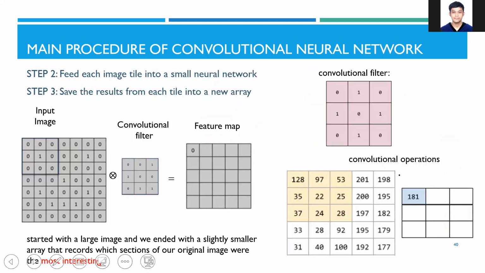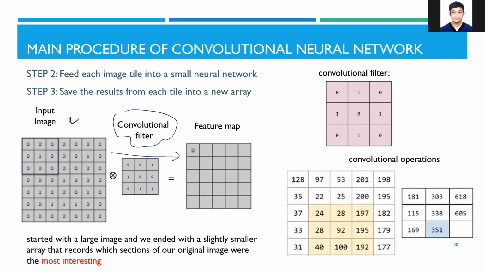Okay, and then for each piece, they will calculate, for example, like this. They use a convolution filter to convert this input image. Yes, they use what is called a convolution filter to compress it into a smaller one, to resize it.